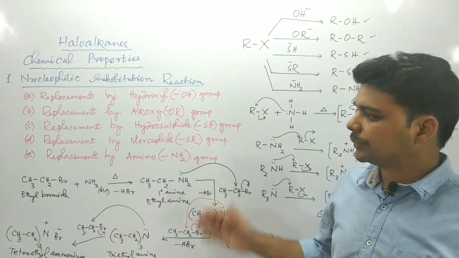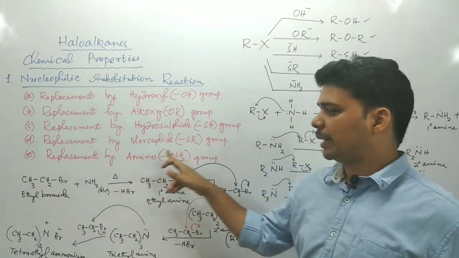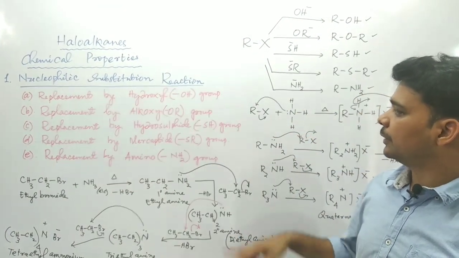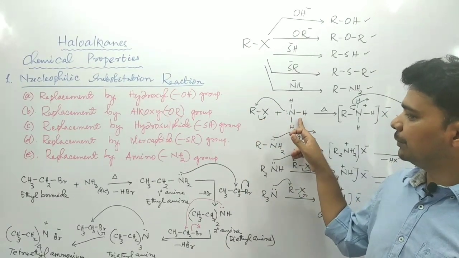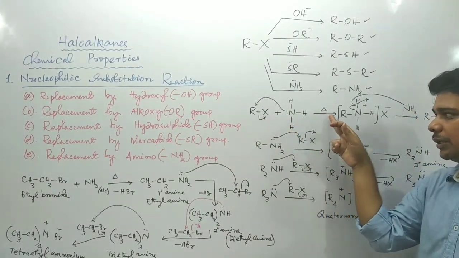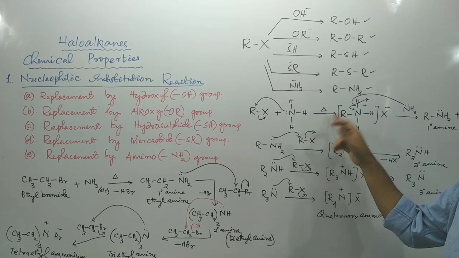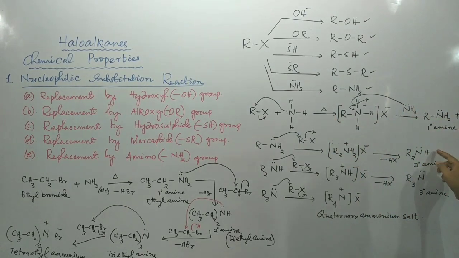So this is about the replacement by amino group when alkyl halide is treated with alcoholic ammonia solution in a sealed tube. Then a mixture of primary amine, secondary amine, tertiary amine, and quaternary ammonium salt is obtained.